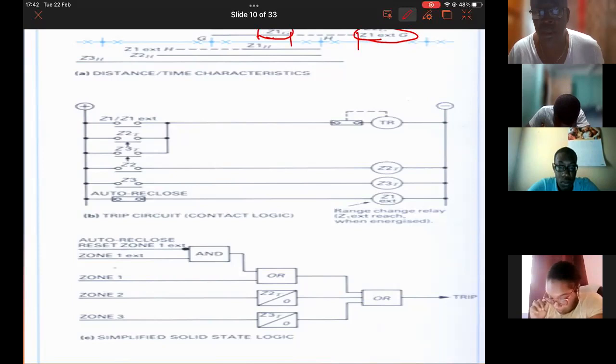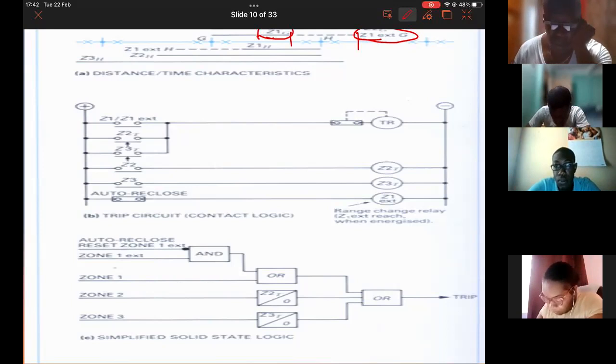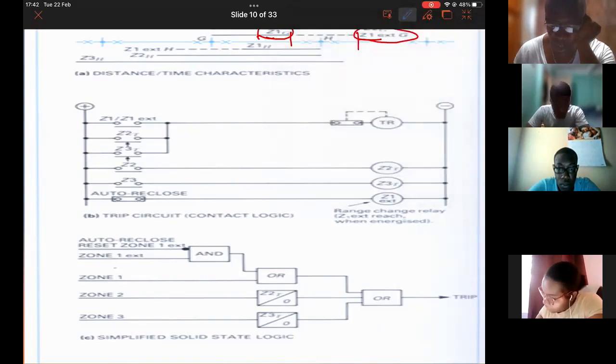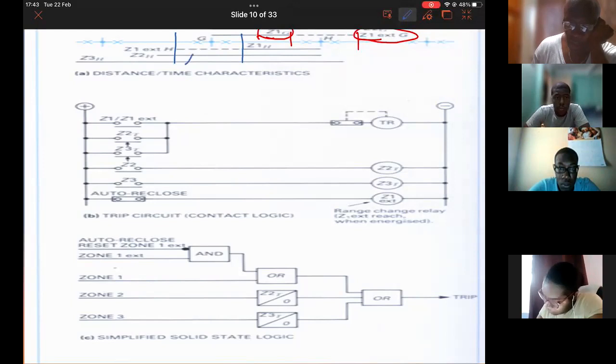So the extension goes from the 80% up to the 120%. Or you can see it better at the bottom from end H. This would be at 80%, and then it goes all the way up there to 120%.